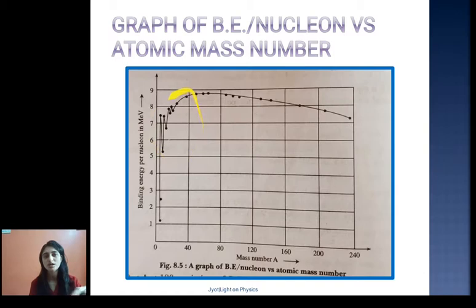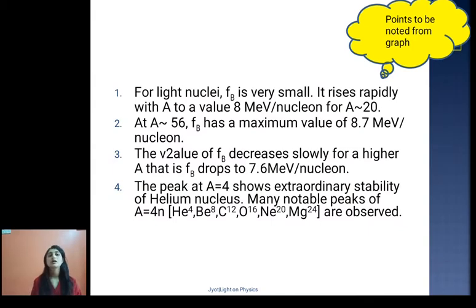So let's try to conclude what the conclusion from this graph is, and just note down these peaks also. Here you can see discontinuities in the graph. In between you are getting certain peaks. So these are the points to be noted from the graph. For light nuclei, Fb is very small. It rises rapidly with atomic mass number to a value of 8 MeV per nucleon for A approximately 20, which is calcium.